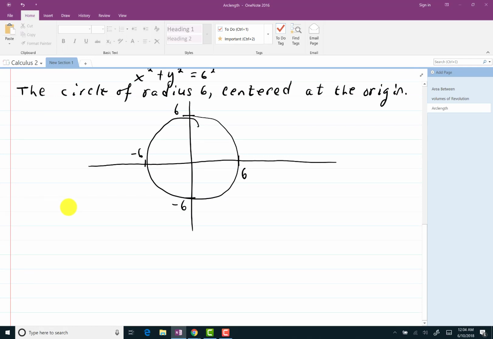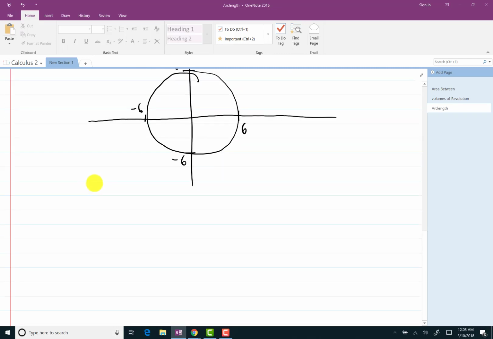What I'm going to do is actually not work with the circle itself. I can't use calculus to work with the circle because the first thing calculus wants to do is deal with functions in one way or another. This is not a function, of course. It fails the vertical line test. However, I could work with just the top half and then simply multiply my answer by 2. So we will deal with just the top half.